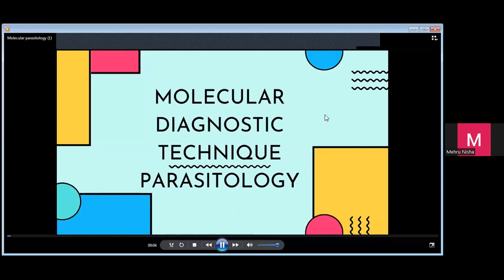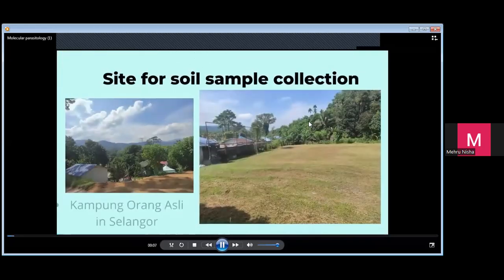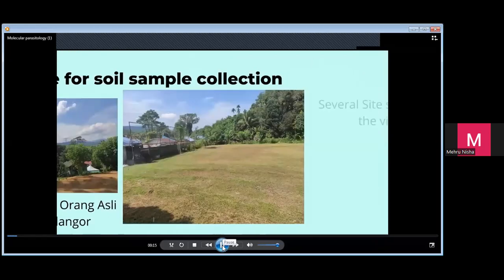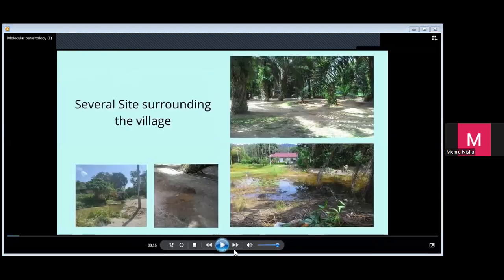Okay. So we will start from our location. If students look, this is the site where we go to the Orang Asli and take samples. There is a lot of contaminated soil. As I said, the population there prefers open defecation or near the bushes because that's their culture.